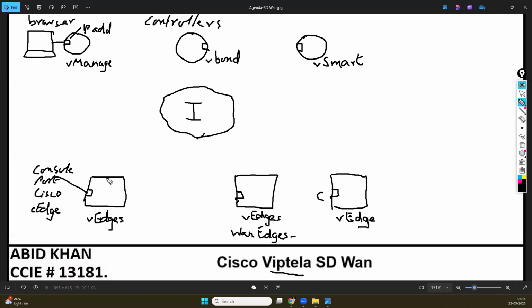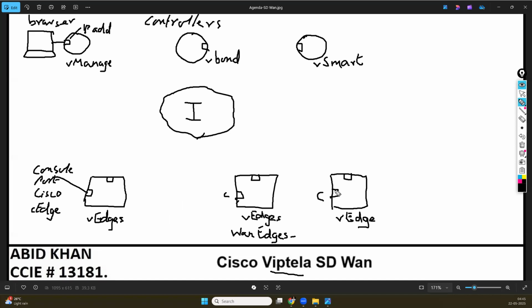let's say these devices now need an interface to communicate with each other. I'm just writing C for console. These are the console ports, but these will be interfaces. Now each of these WAN edges is in a different location. These are, let's say, 3 different branches.